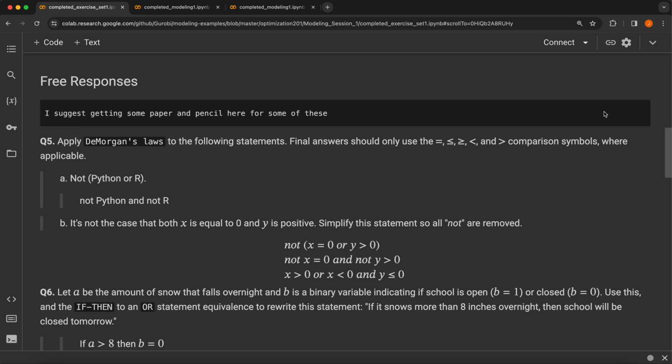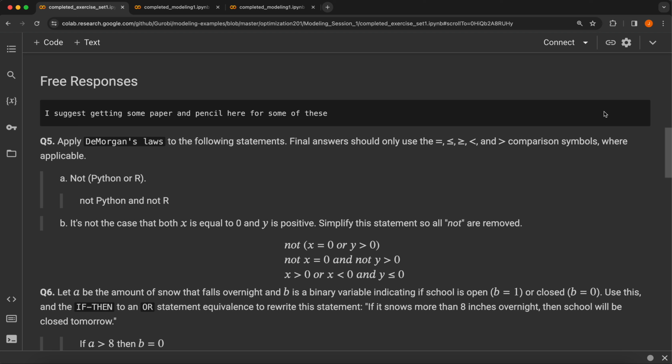Let's see here. Question 5. Apply De Morgan's laws. That's something we covered in the very brief Logic 101 section of our intermediate modeling session. Apply De Morgan's laws to the following statements. Final answers should only include algebraic comparison symbols where applicable.